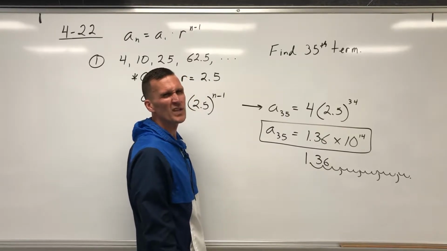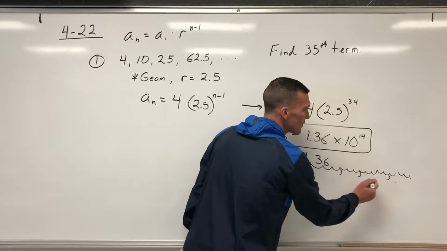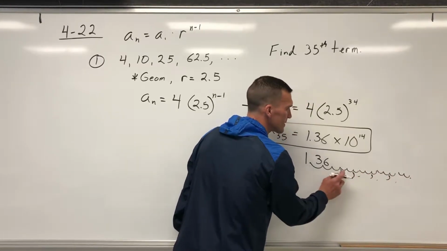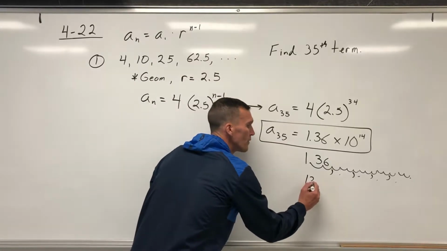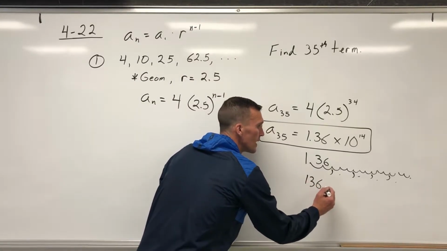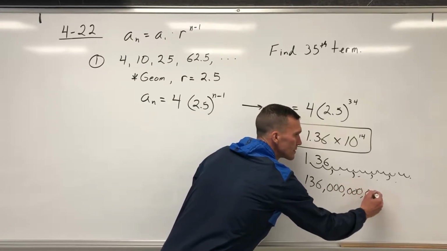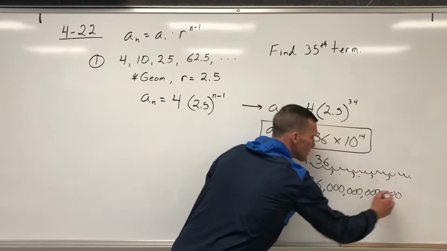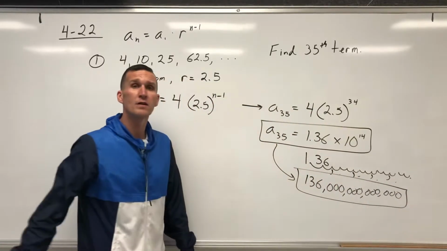You have to wait till you're done and then put your commas. So the commas were all off by one spot. Hopefully you caught that. I would have 136, comma, 000, comma, 000, comma, 000, comma, 000, approximately as my 35th term.